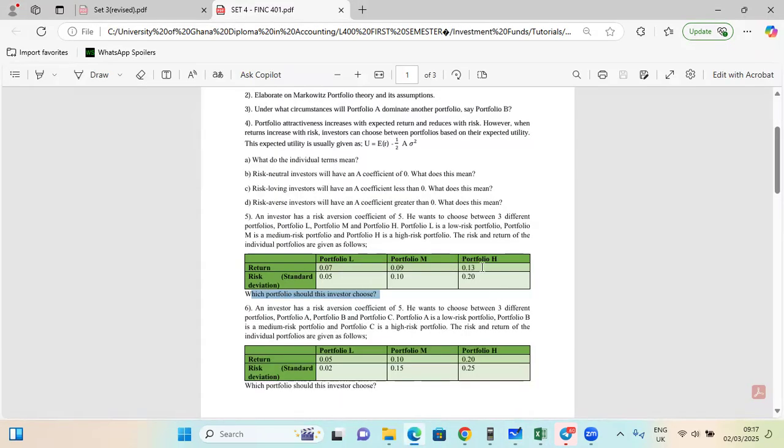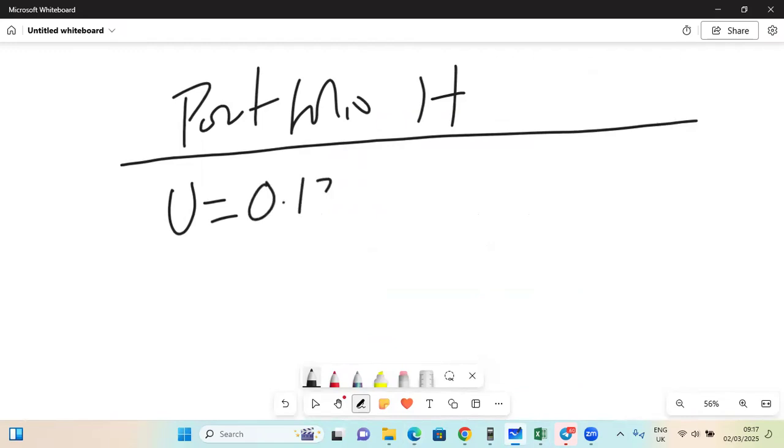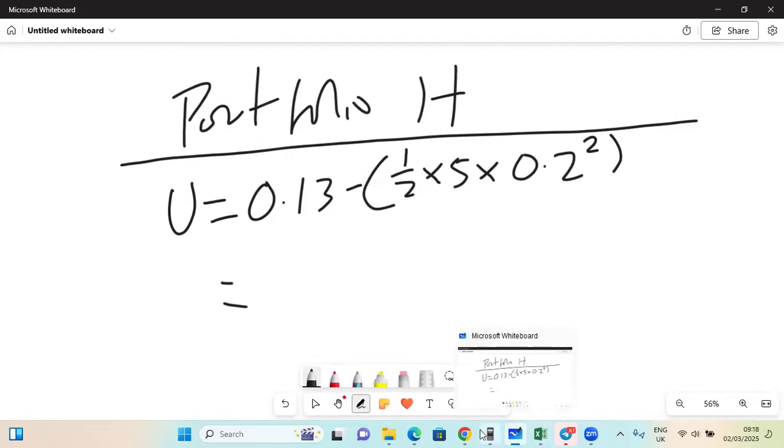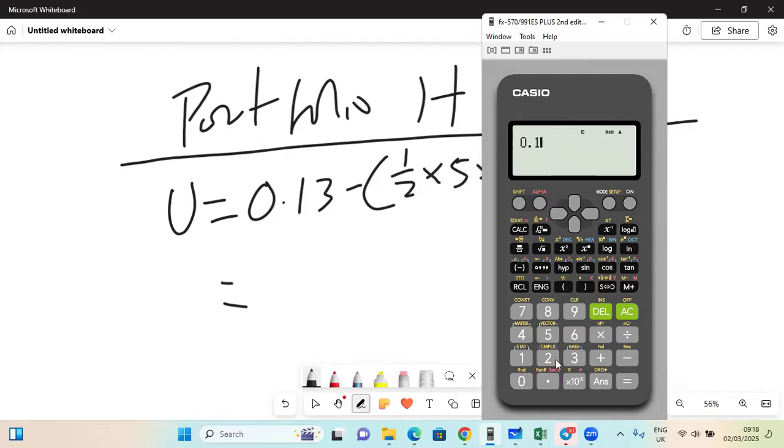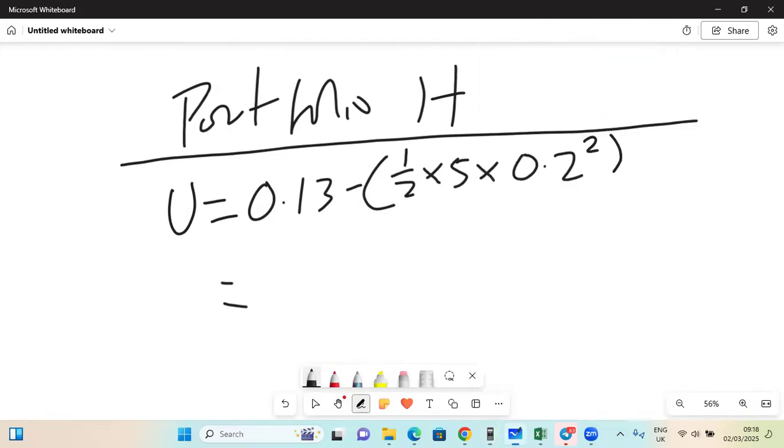So it is 0.13 and then 0.20, minus one half times the risk aversion 5 times 0.2 squared.